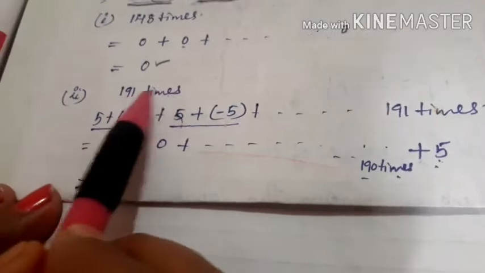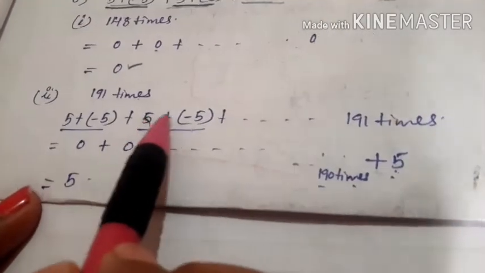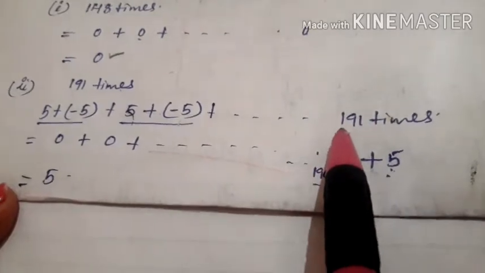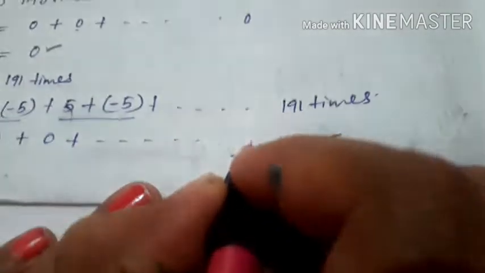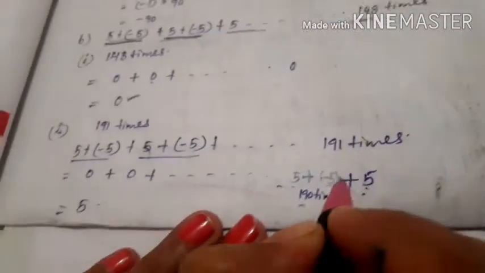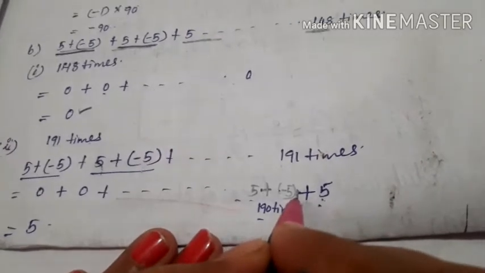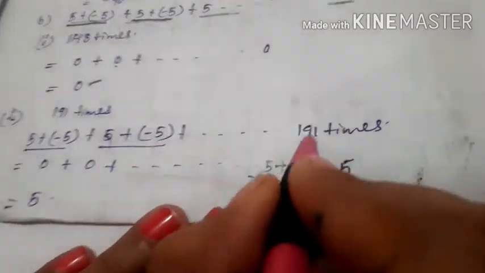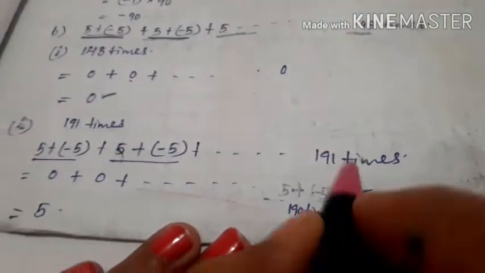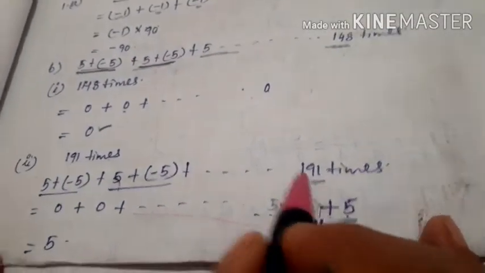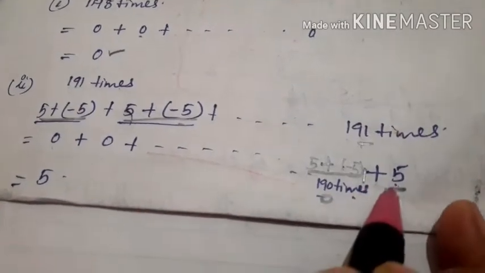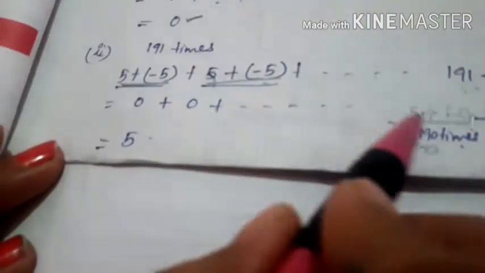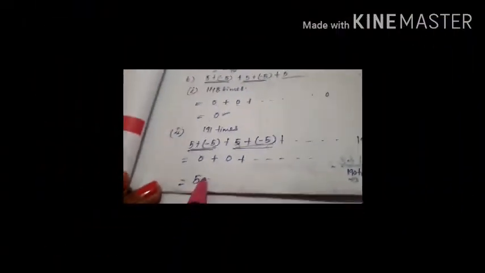If 191 times 5 plus minus 5, 5 plus minus 5, like this you have to write, 190 times it will come minus 5. Then the extra 191st time 5 will come, because it is the odd number. Okay, that is, these two values are 0, these two values are 0, like this two values up to 0. What is left? 5 left. That's why 0 plus 5 is the answer. That means its answer is 5.